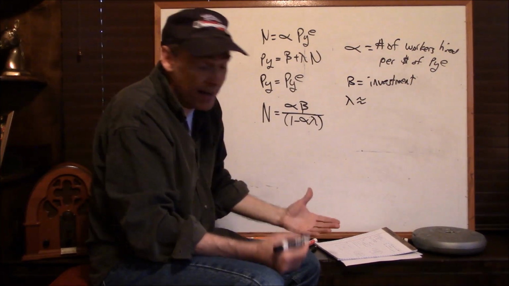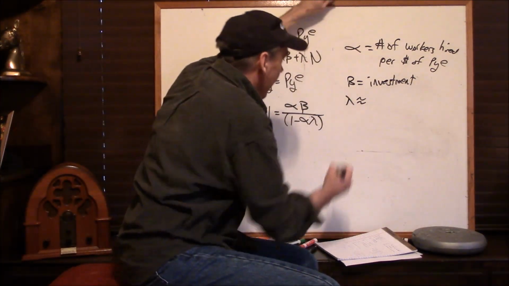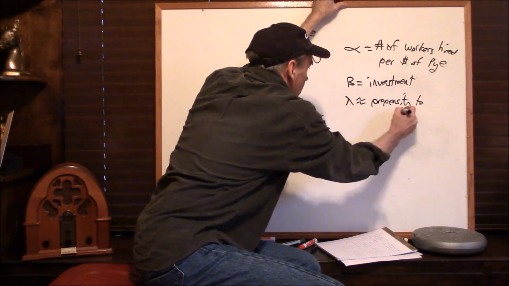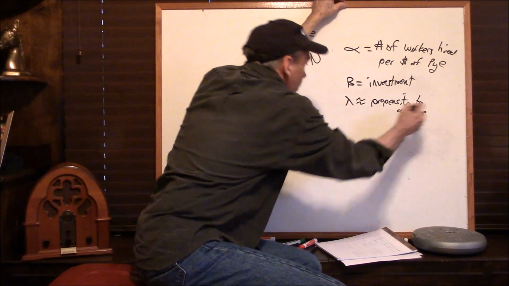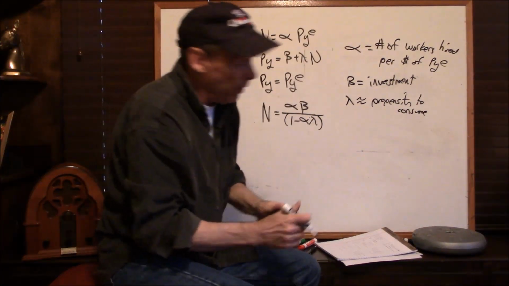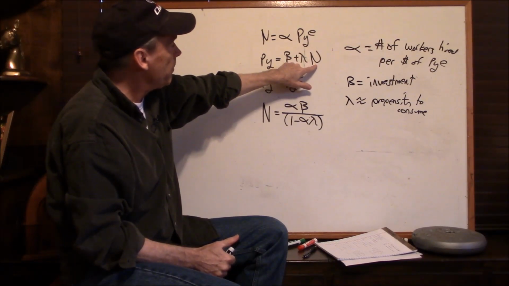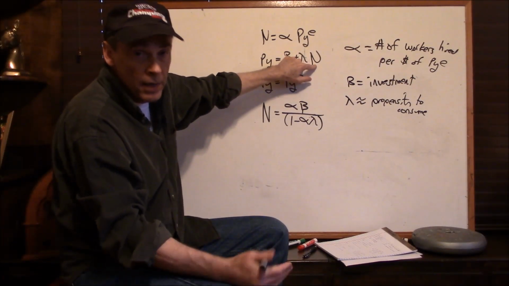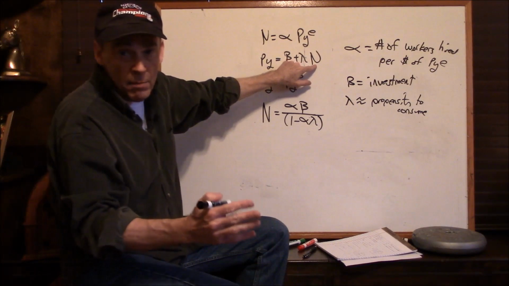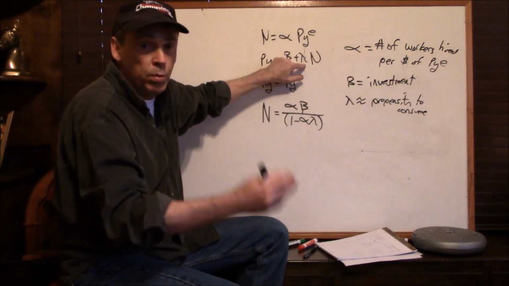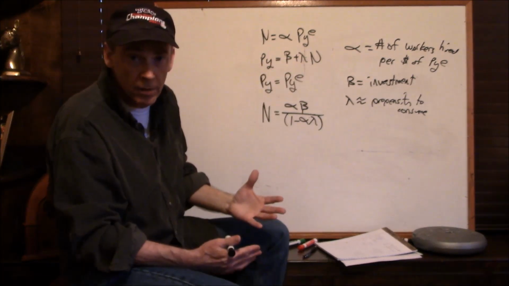Lambda is kind of equal to the propensity to consume. It is most certainly a function of it, right? The idea is that as employment goes up, incomes go up, and therefore spending goes up. By how much? By lambda. So lambda is how much spending is going up as employment increases. So it's kind of like the propensity to consume.